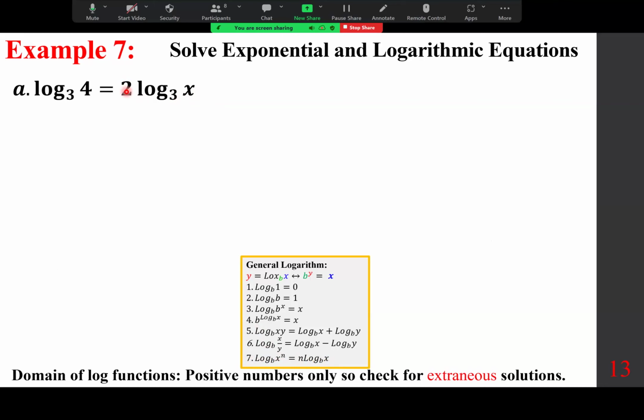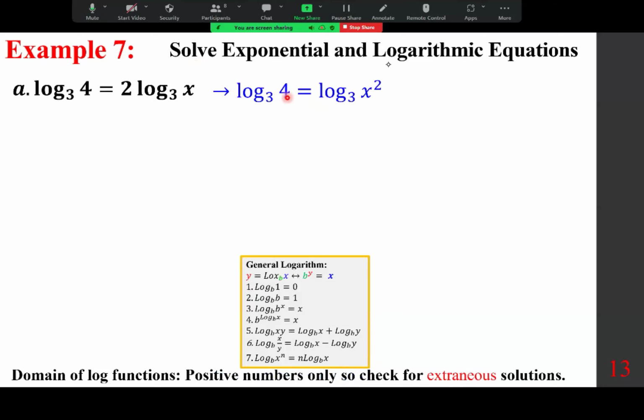In other words, we're going to put the 2 as an exponent for x. So the left side, we're not going to touch it. The right side, the 2 in front, which is a coefficient, using number 7, the power rule becomes the exponent.